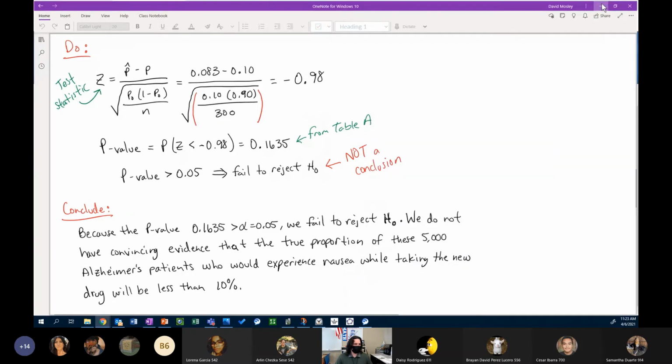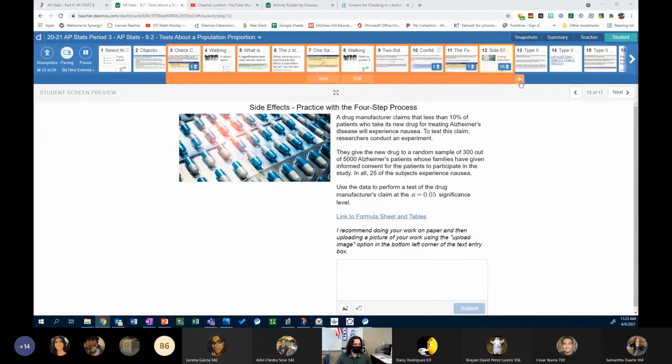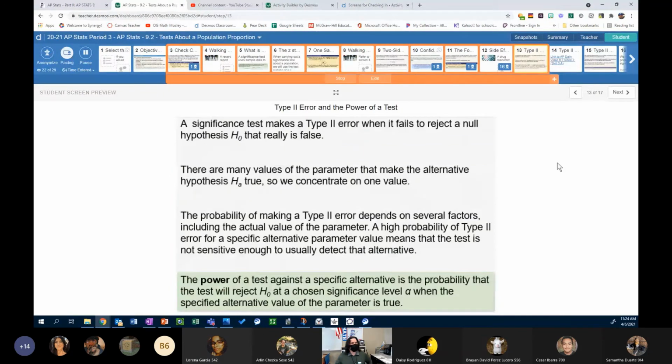So the next topic: type 2 error and the power of a test. A significance test makes a type 2 error when it fails to reject a null hypothesis that really is false. All right, so a type 2 error is failing to reject the null hypothesis when the alternative should be true.